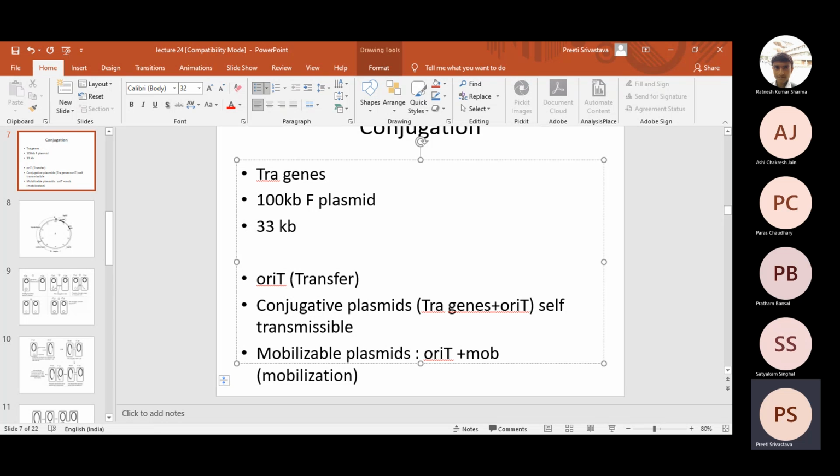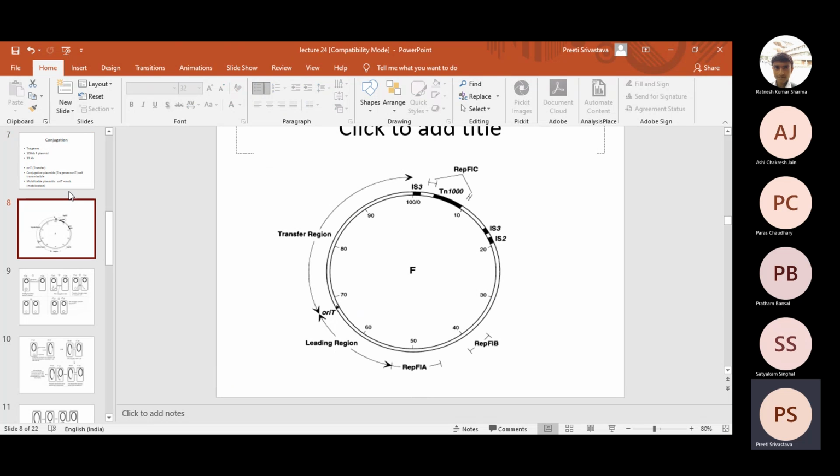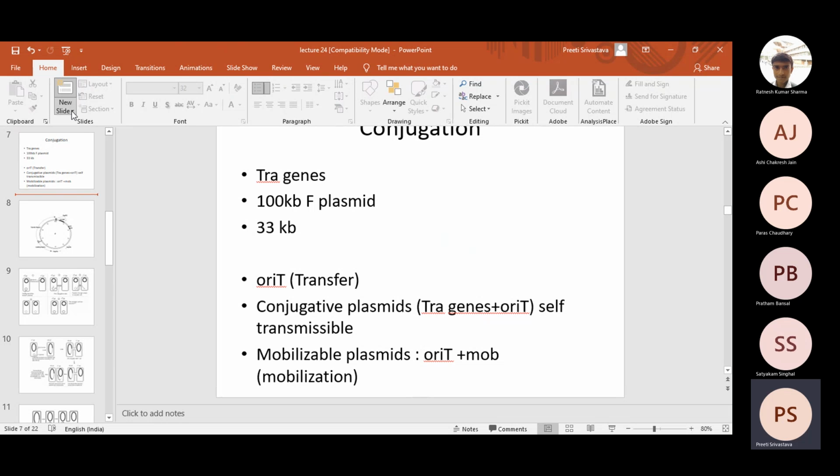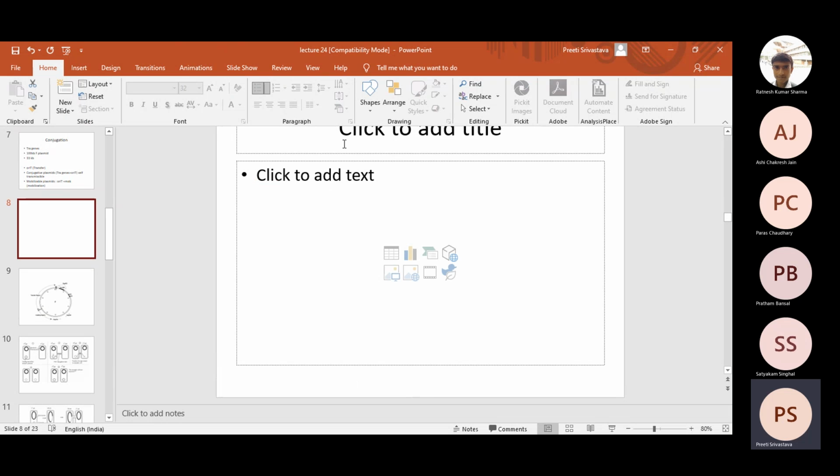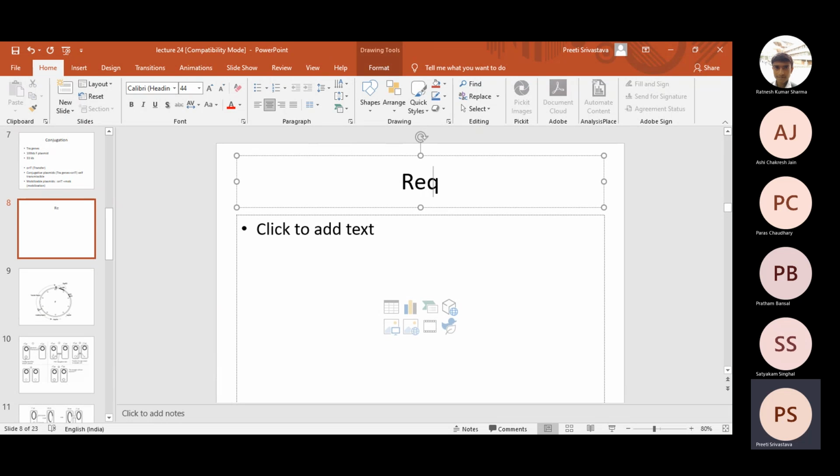It is because of this origin of transfer that the helicase binds here, and then the MOB protein and the helicase bind at the origin of transfer, and then a single strand is transferred in the 5' to 3' direction into the recipient strain.